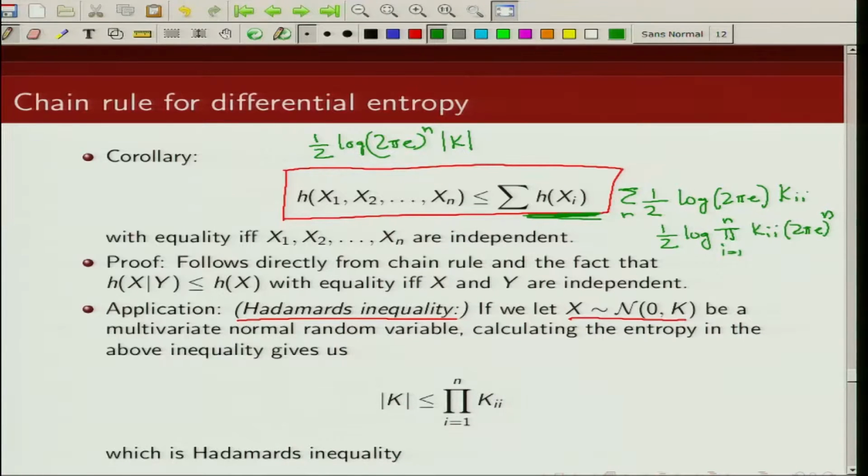So if you compare these two forms, you have half log of 2 pi e to the n on both sides, and since this is less than or equal to this, we get the condition that determinant of k is less than or equal to this particular term.